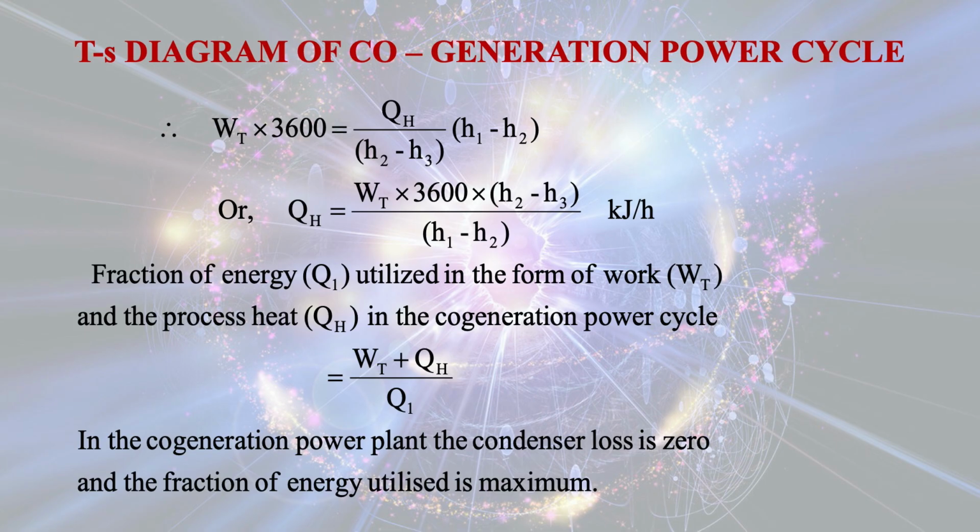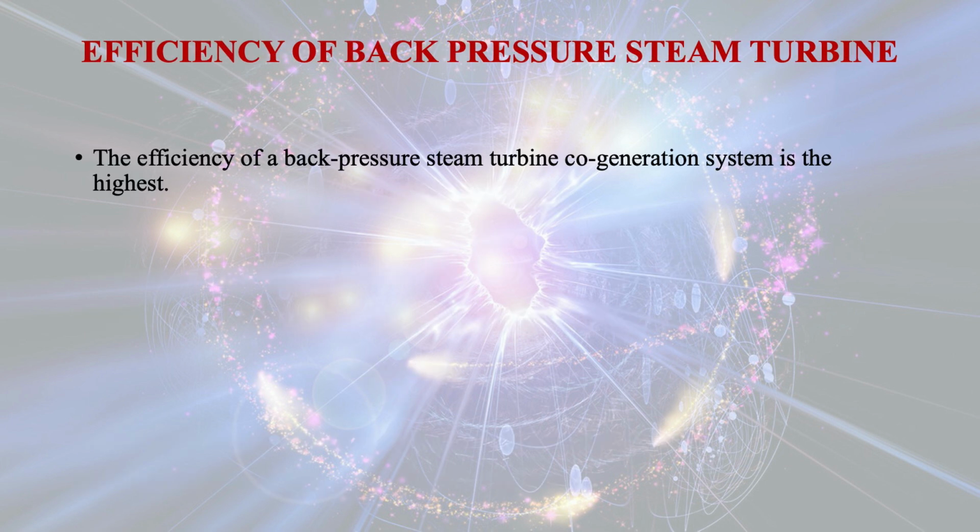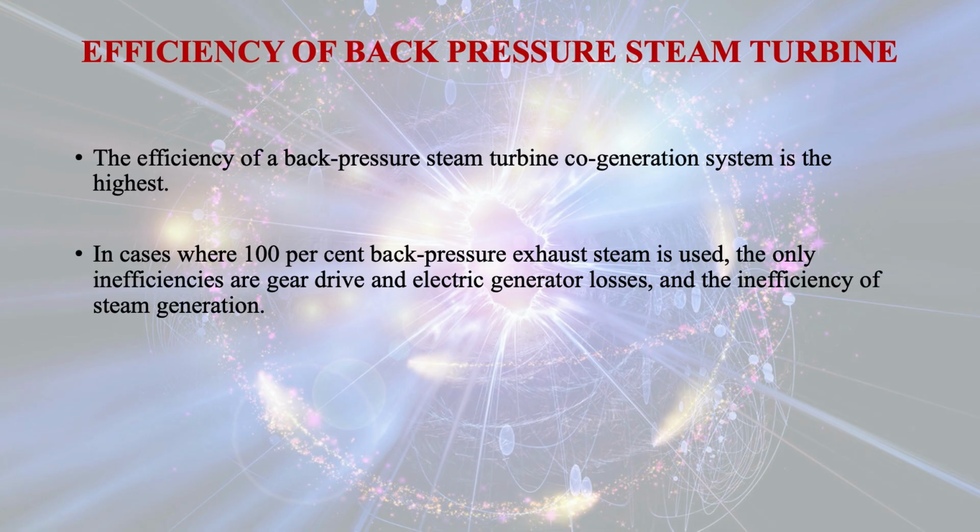In the cogeneration power plant, the condenser loss is 0 because we are not using a condenser. Instead of a condenser, we are using the process heater, and in this case, the fraction of energy utilized is maximum. The efficiency of a back pressure steam turbine cogeneration system is the highest in cases where 100% back pressure exhaust steam is used.